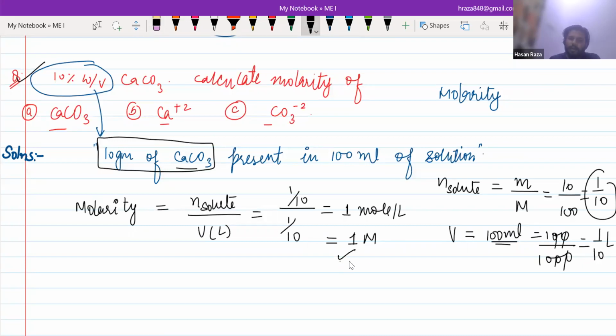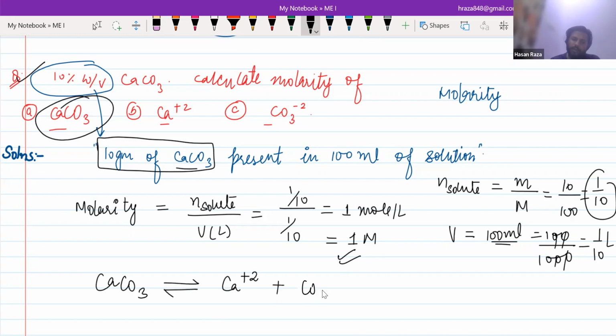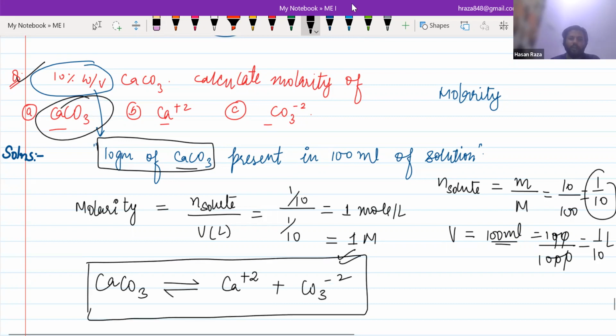So now you have got the molarity of CaCO3, that is 1 m, and we are going to calculate the molarity of ions. You need to dissociate into ions, and you know there will be Ca plus 2 and CO3 minus 2. After dissociating, you need to check whether it is balanced or not. You can see this is 1 mole, this is 1 mole, this is 1 mole, so it is balanced, and we can directly compare in terms of molarity.